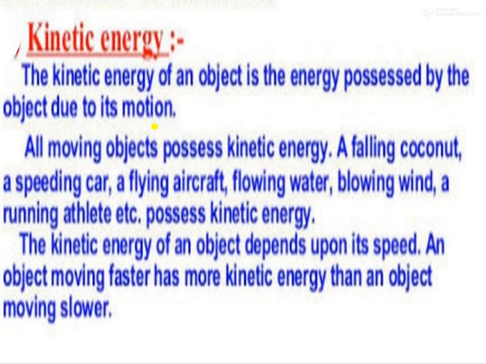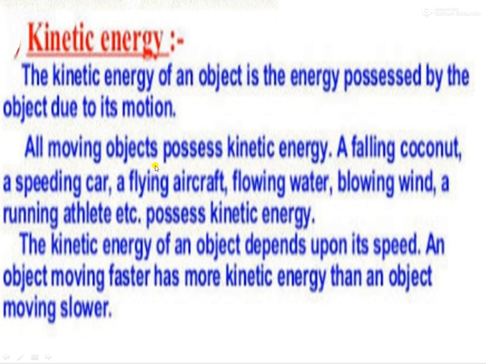Whenever an object is moving, the energy is stored in the object and work is done to change its velocity from a lower value to a higher value, or from rest to a certain velocity. So what is kinetic energy? The kinetic energy of an object is the energy possessed by the object due to its motion. When the object is moving, it is possessing kinetic energy.